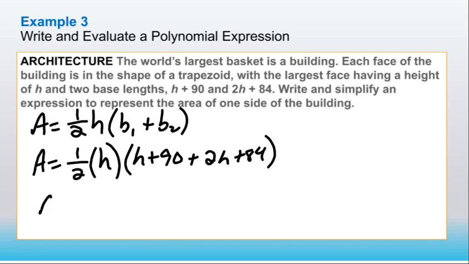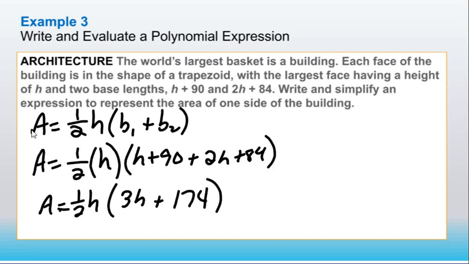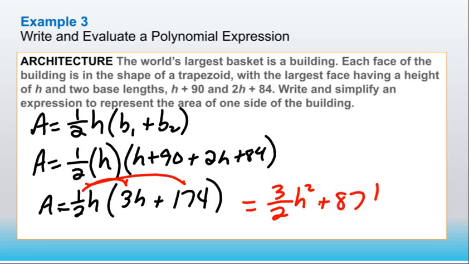So now if I simplify that, I now have 1/2 h times 3h plus 174. And if I distribute that, I would have 1/2 h times 3h would give us 3/2 h squared. And 174 divided by 2 would give us 87, so plus 87h.